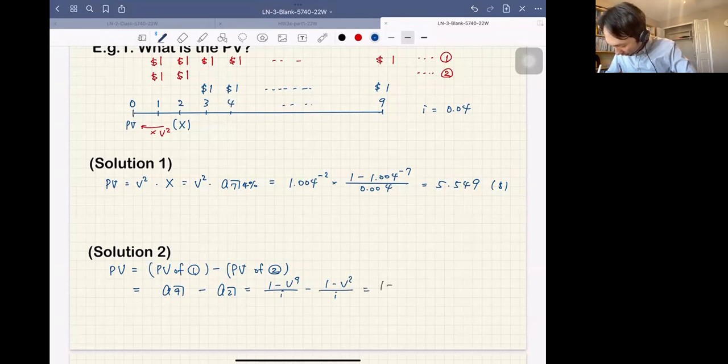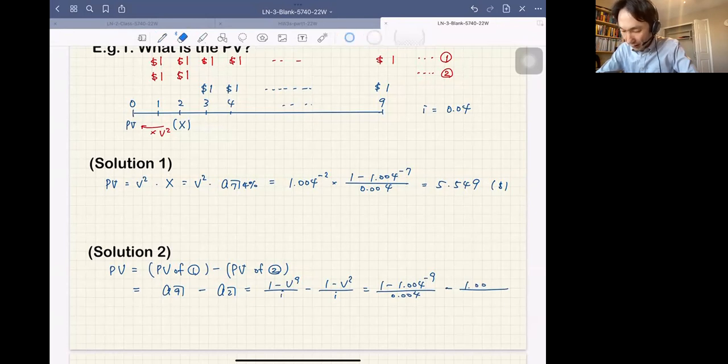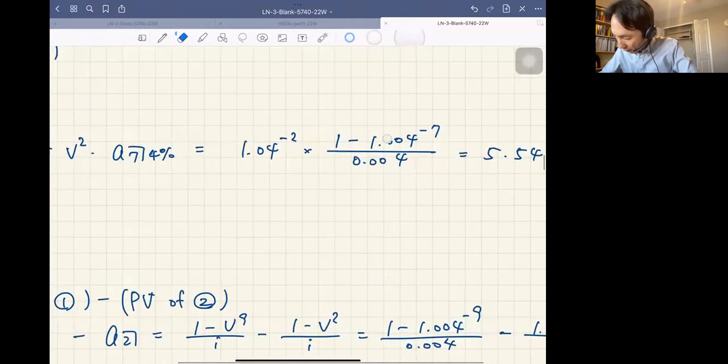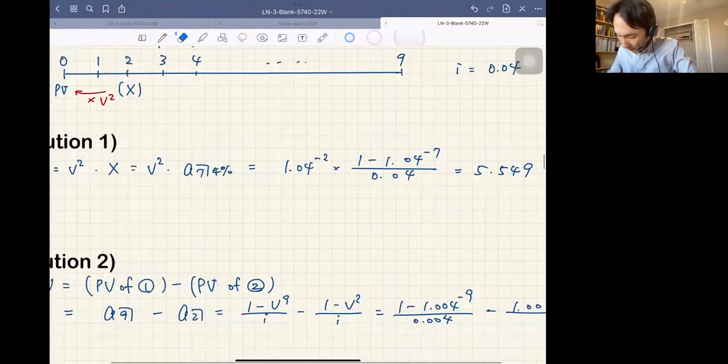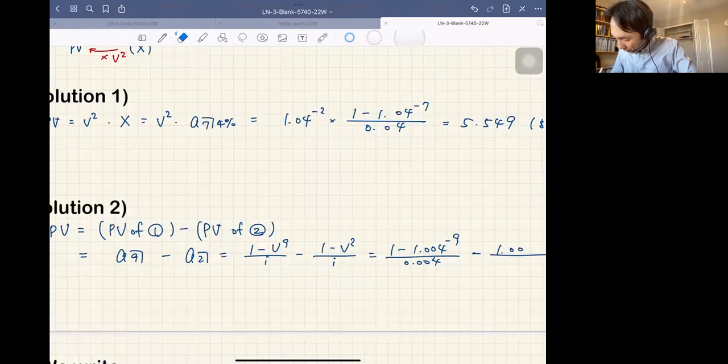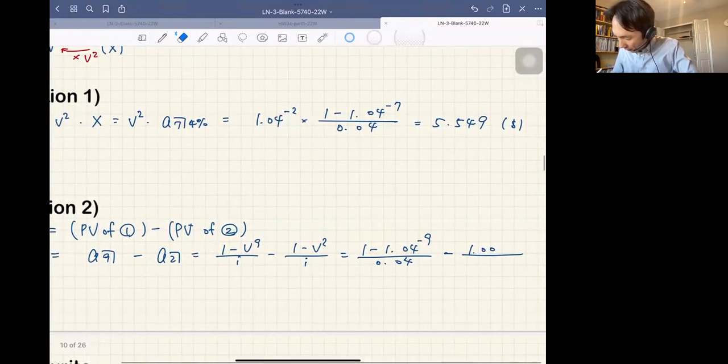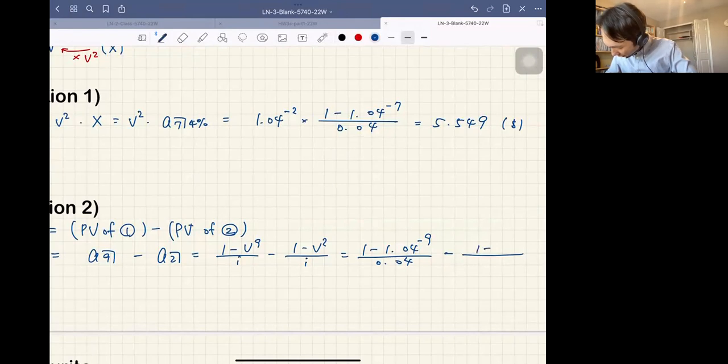So this is 1 minus 1.04 to the negative 9th power over 0.04, minus 1 minus 1.04 to the negative second power over 0.04.